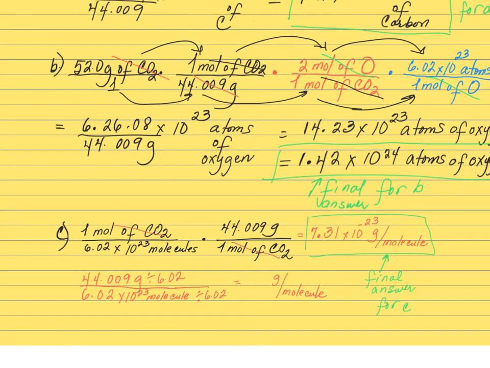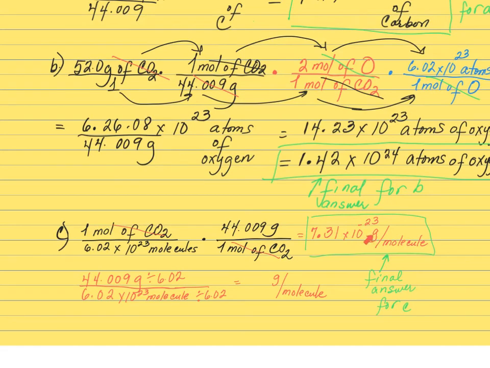Because I know that in 1 mole, I have this amount of molecules. Now, what is the mass of all these molecules? Molar mass, because you have this amount of molecules in 1 mole. I want grams because they're looking for the mass of 1 molecule.